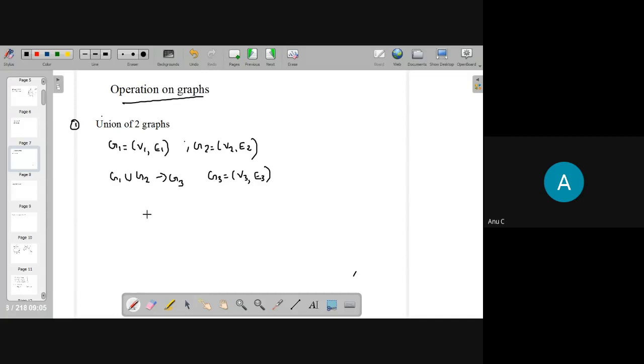Then V3 equals V1 union V2 and E3 equals E1 union E2.